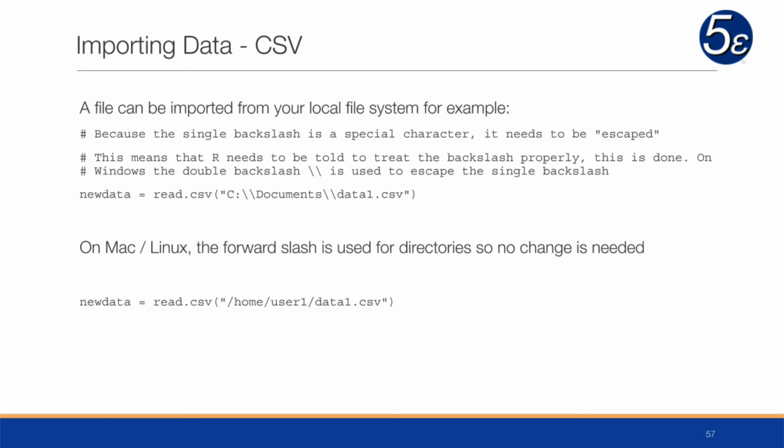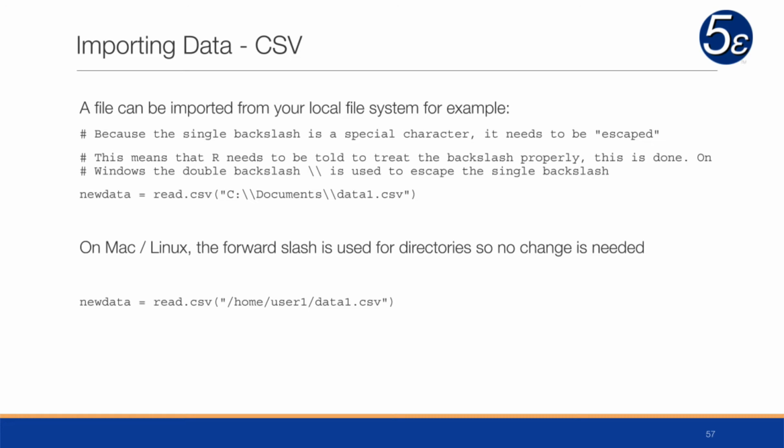For example, we may use the read.csv, but if you're on Windows, you may be accustomed to using the backslash. The backslash is a special character, so therefore, on Windows, you may want to use the double backslash in order to denote where the path structure is.